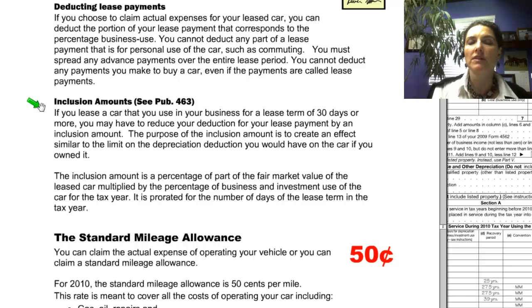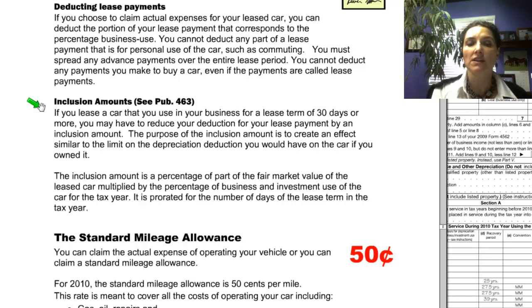To read more about inclusion amounts, which are important, you should see publication 463. So if you happen to get a client who has purchased a car under a lease and they want to claim their lease payments as a deduction, you need to refer to publication 463. Because if you lease a car that you use in your business for a term of 30 days or more, you may have to reduce your deduction for your lease payment by an inclusion amount.